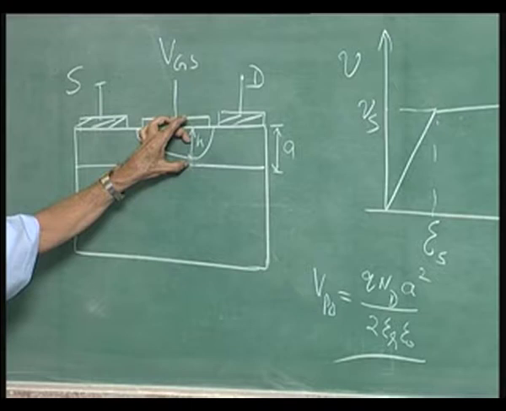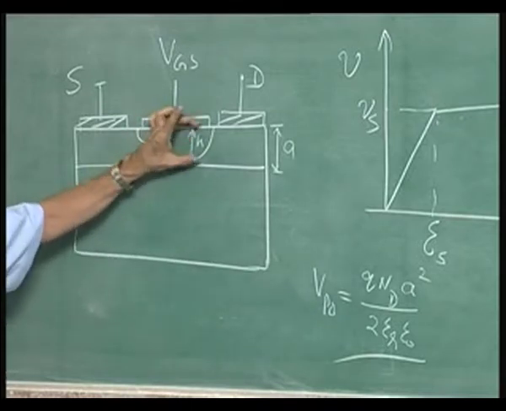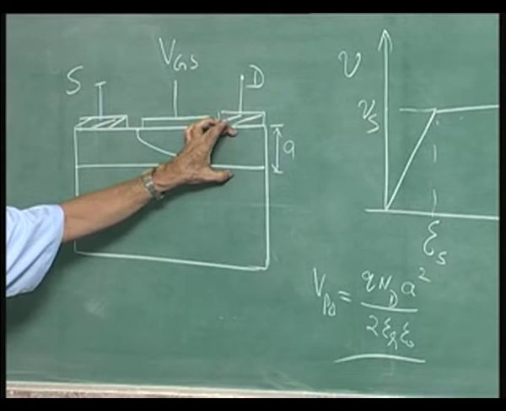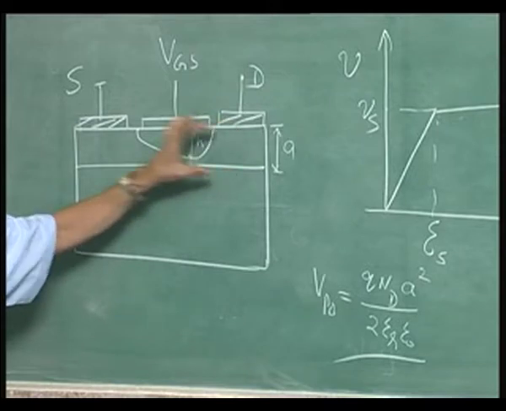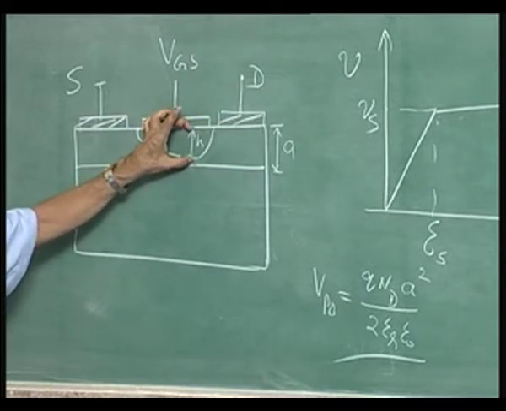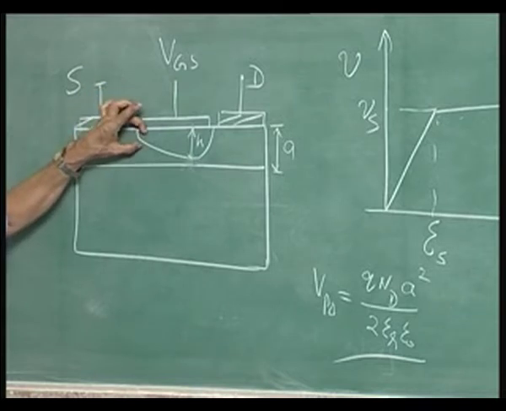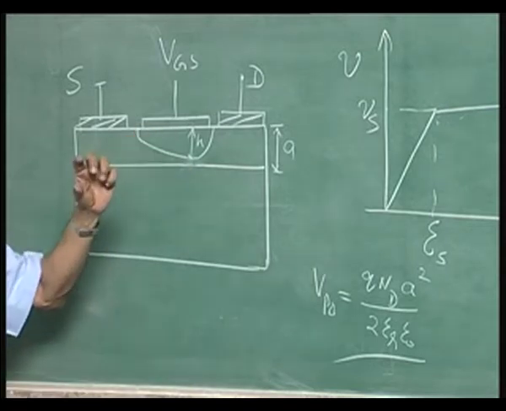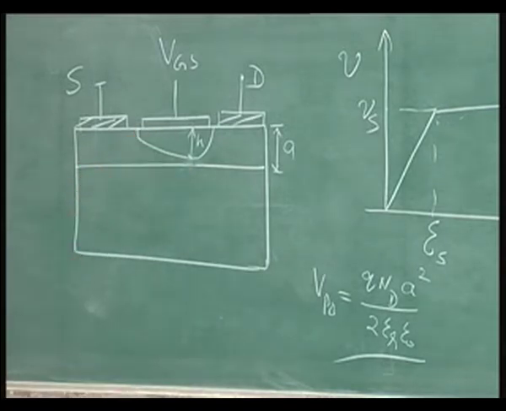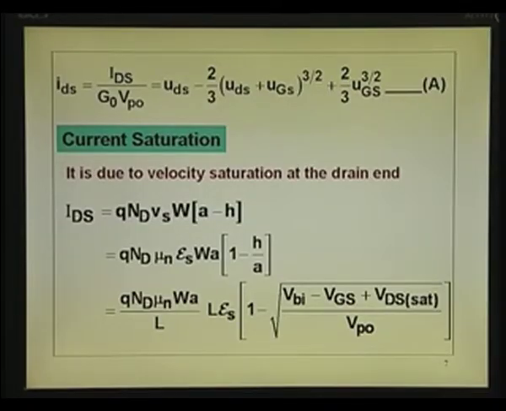So, the ratio H divided by A is the square root of whatever voltage is present across that, divided by V p 0. What is the voltage present across that? V b I minus V g s plus whatever voltage is present across that, and we are saying that is the voltage at which current is saturating. So, that is why at the drain end H is equal to V b I minus V g s plus V g s sat, divided by V p 0. So, that is simple. Now, you write the normalized equations.